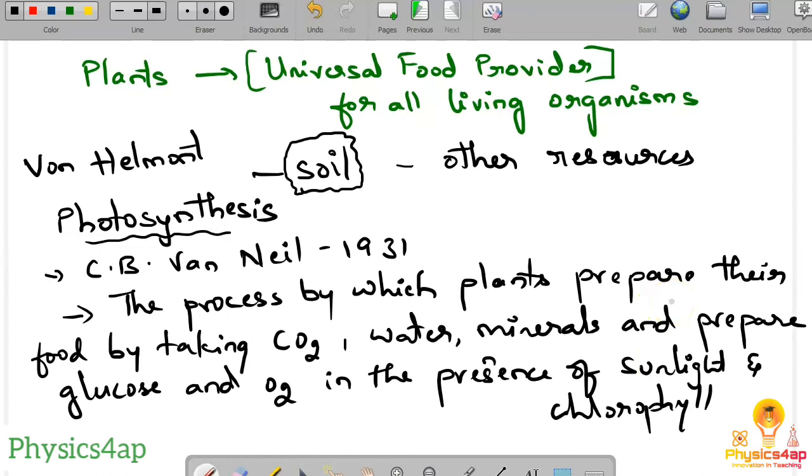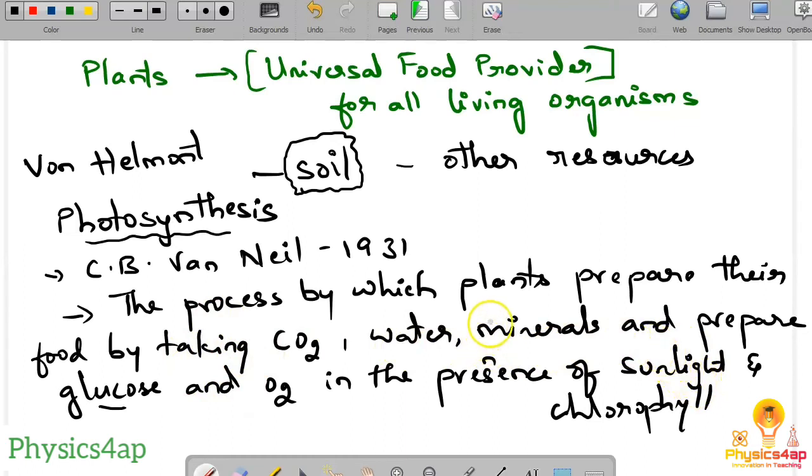Photosynthesis is a process by which plants prepare their own food. Plants take carbon dioxide as well as water and some of the minerals, and they prepare glucose. Glucose, in the sense, we call it carbohydrates. Oxygen will be released into the atmosphere, and all this process takes place in the presence of sunlight and chlorophyll.